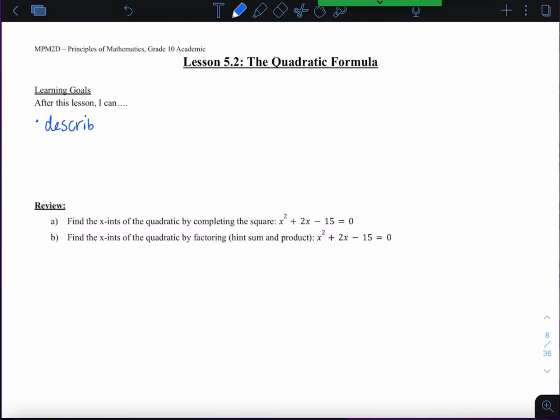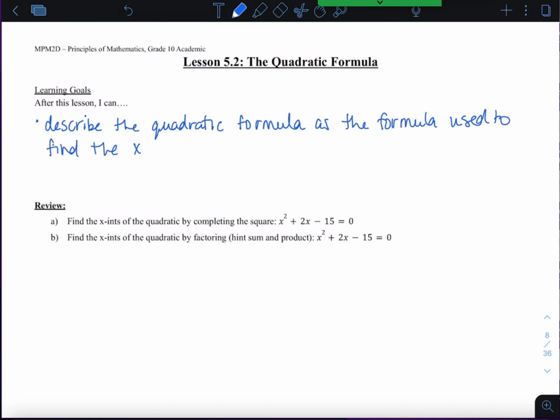describe the quadratic formula as the formula used to find the x-intercepts of ax squared plus bx plus c equals y.